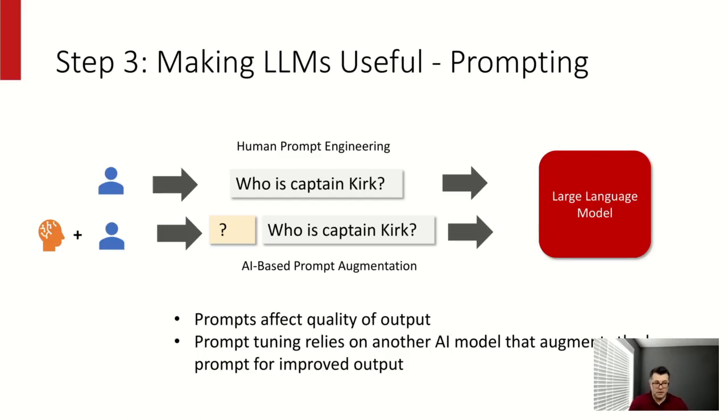And then the third opportunity to affect a model is in the prompt that goes in. Most of you by now know that prompt engineering has become a thing. The reason is that these models are sensitive to the inputs they get. Depending on how I pose the question, who is Captain Kirk, I may or may not get the correct answer.